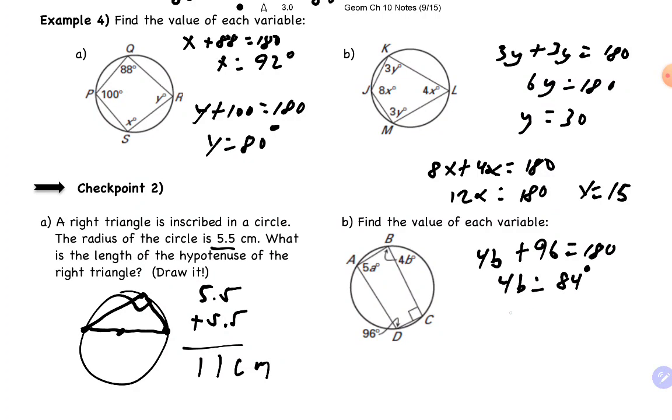Divide both sides by 4, and we'll get b is 21. And then we have 5a plus 90 degrees is 180. So 5a equals 90. So a equals 18.